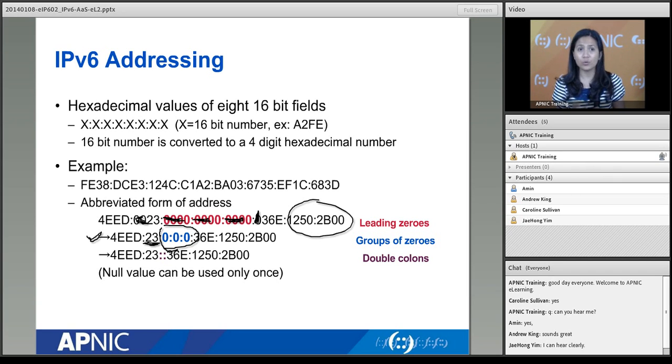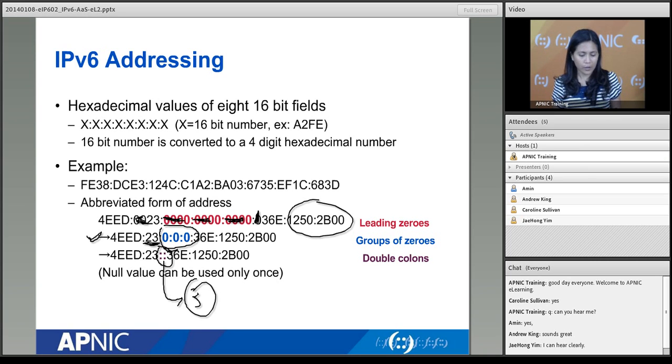So you can remove all those adjacent, okay, only adjacent zeros, and then replace them with a double colon. Okay, so here you have 0, 0, 0, that's 3 fields. You know that this is a representation of 3 zero fields, or 12 hexadecimal digits that are zeros.